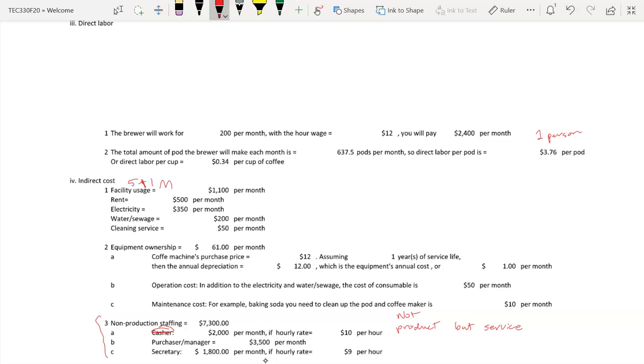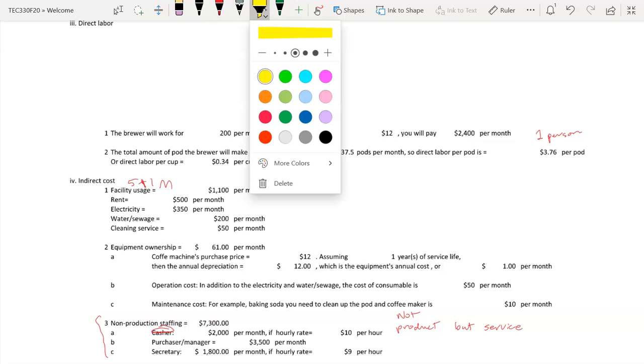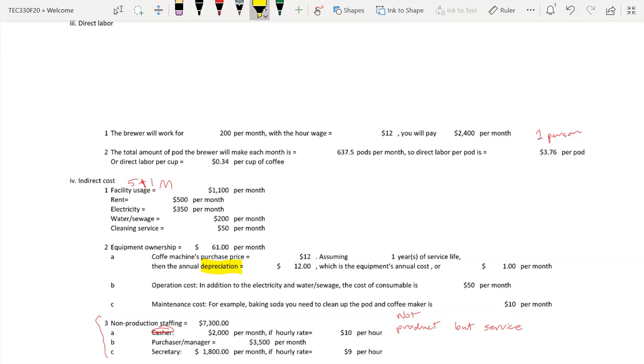We have equipment ownership, and here we bring in the depreciation. You can take a look at how we calculate depreciation, and we are using the straight line. You can use more complicated ones, like declining balance or unit of production. Unit of production will be similar to what you have over here.